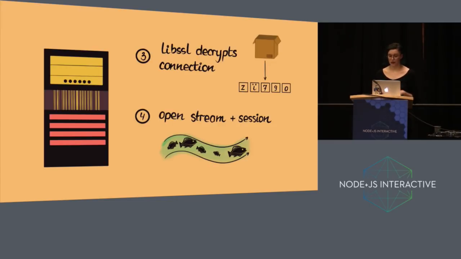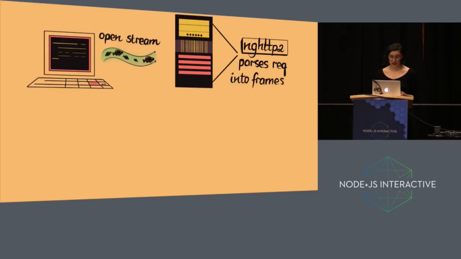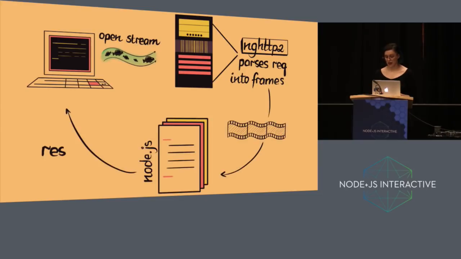This will be within your Node.js application. After that, you're ready to handle frames. Once that stream and session are open, we go to the nghttp2 package, which will parse the request into frames. Those frames are then able to be handled within your Node.js application. Once those are handled, you're able to send back a response and handle it within your own layer.